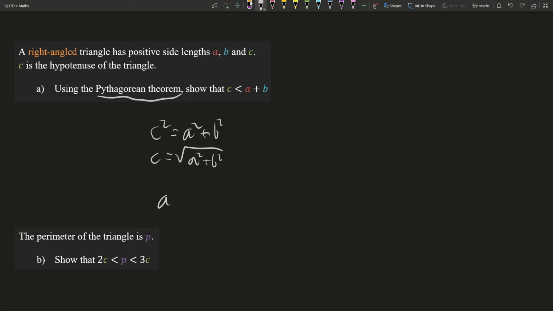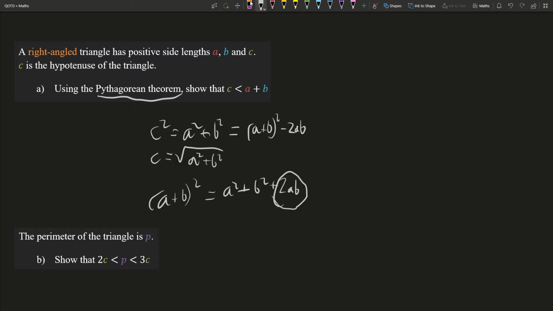Let's consider a plus b, all squared. Well, this is a squared plus b squared plus 2ab. So that means we can express c squared as a plus b squared minus 2ab to cancel out this term here.